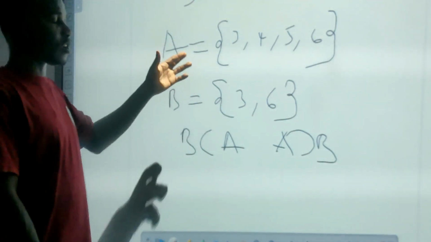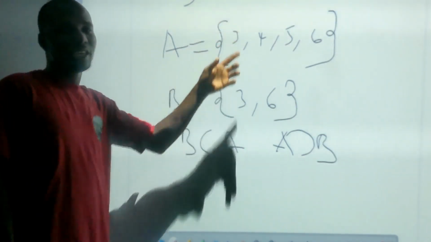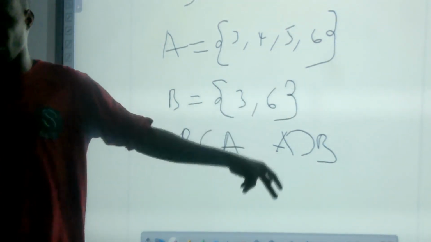A has all of the elements of B contained in it, while B has all of its elements contained in A. So B is the subset, and A is the superset.